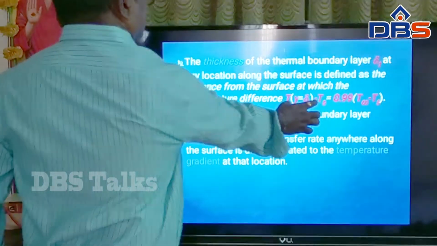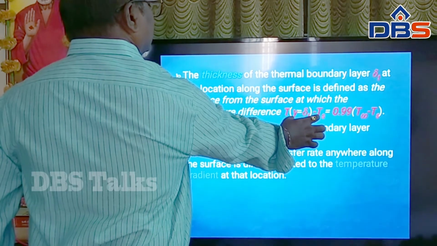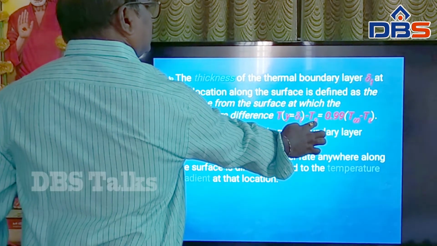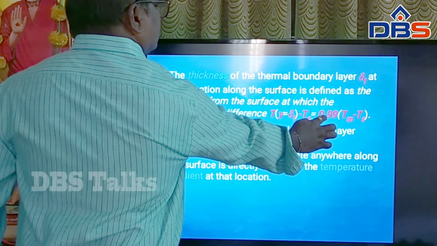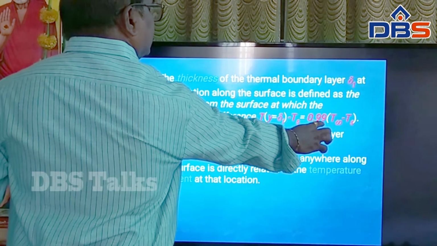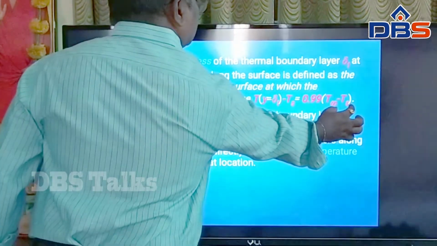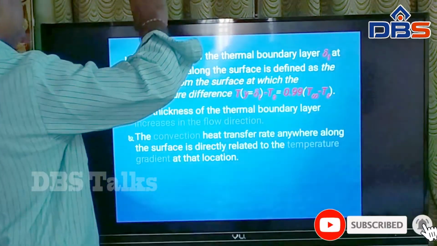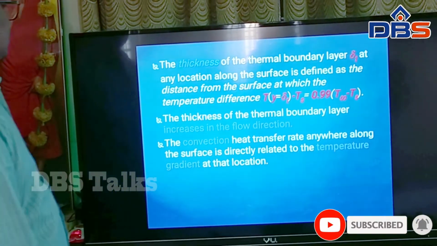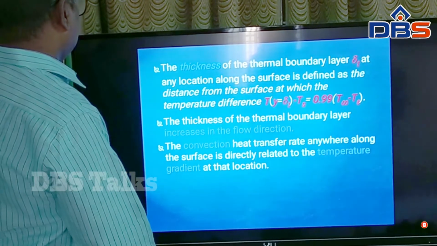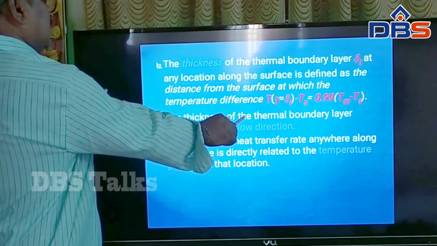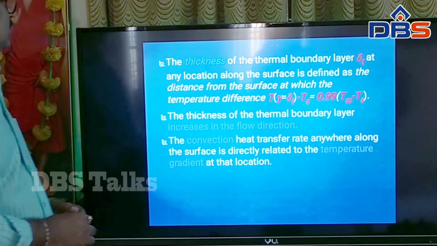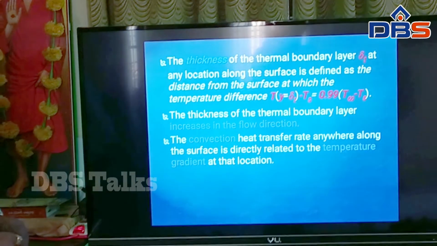This is the temperature difference in the boundary layer, T minus Ts, where it reaches 99% of Ts minus T infinity. That particular height we can take as the thermal boundary layer thickness. The thickness of the thermal boundary layer increases in the flow direction.